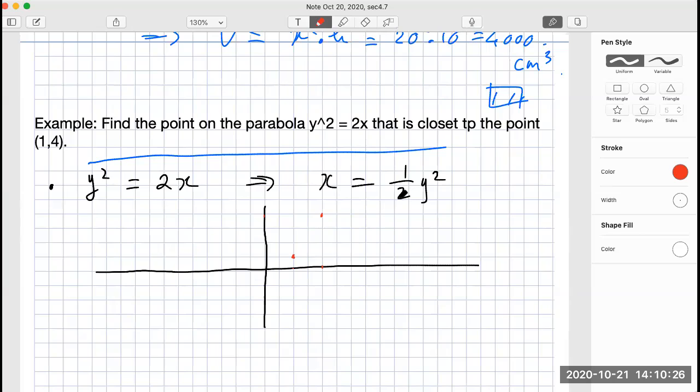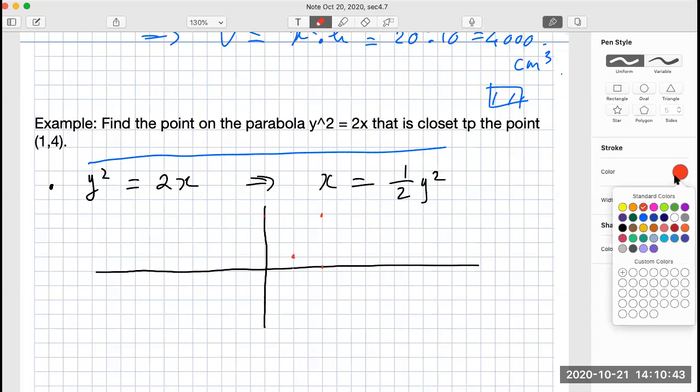If y is equal to 0, then x is equal to 0. This is not a good graph. But let me see. If y is equal to 2, 2 squared gives us 2.